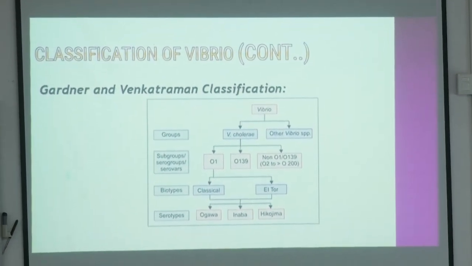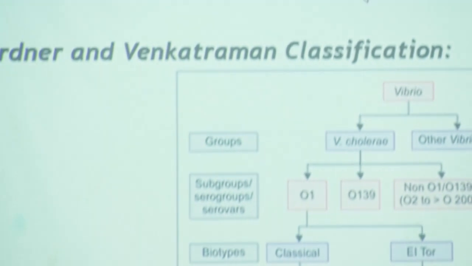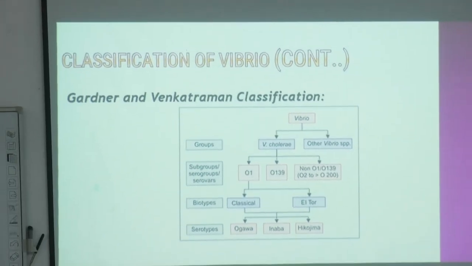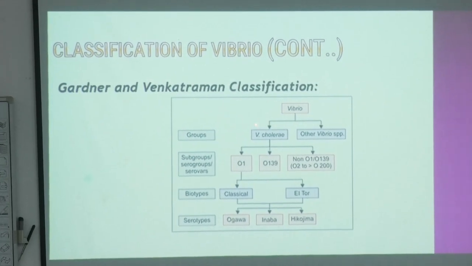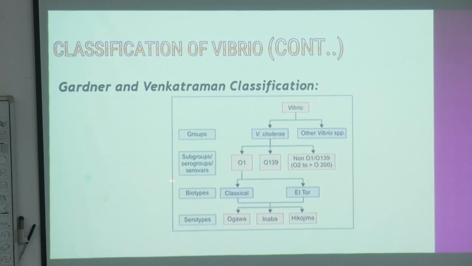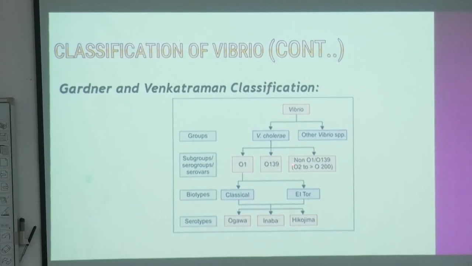This classification is very important. যদি তিনটে কোশ্চেন থাকে তার মধ্যে ক্লাসিফিকেশন অফ ভিব্রিও কলেরা ইজ ইম্পর্টেন্ট। ভিব্রিওকে দুটো ভাগে ভাগ করা যায়, ফার্স্ট টাইপ ইজ দ্য ভিব্রিও কলেরা এন্ড আদার ভিব্রিও স্পিসিস। এই ভিব্রিও কলেরাকে আবার আমরা কিছু সাবগ্রুপ বা সেরোগ্রুপে ভাগ করি, একটা হচ্ছে O1 O139 আর একটা হচ্ছে O2 থেকে O200। এর মধ্যে O1 আর O139 টা specifically important because they cause epidemics, right?